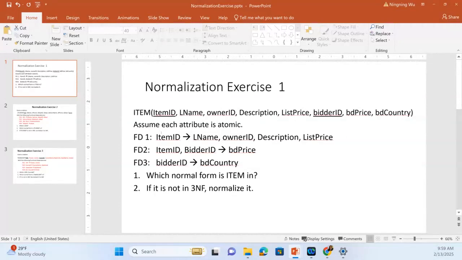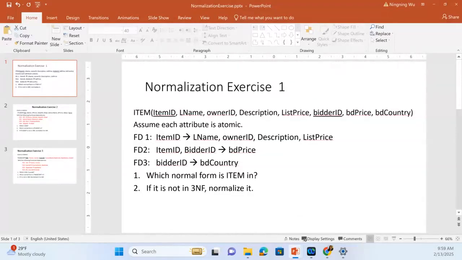So now we have item. I think this data table may be most likely built for a kind of bidding website. So it stores the item ID, the item that will be bidded by the customers, the last name, owner ID, which I think is about owner information, description of the item, list price of the item.